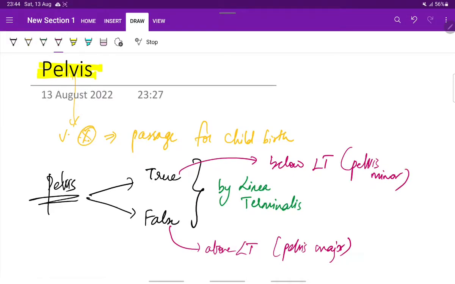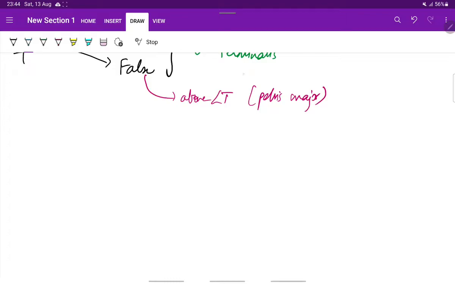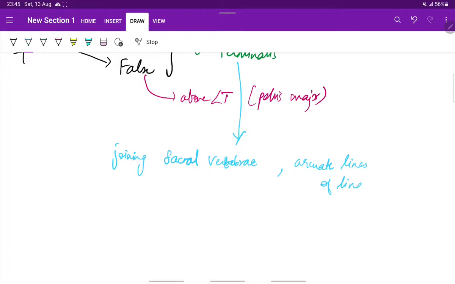So, now what is the linea terminalis? The linea terminalis is a line formed by joining the upper part of the sacral vertebra, which includes the body of the sacrum, the ala of the sacrum, the sacral promontory, and the arcuate lines of the ilium and the pectineal line of the pubis.